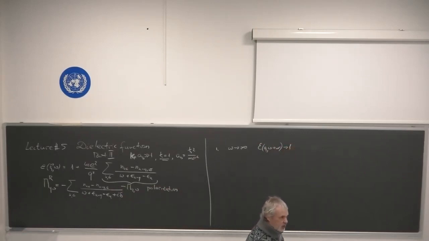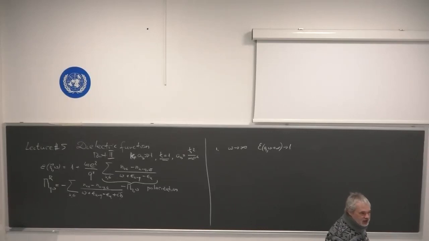What does it mean? High frequency means small times, because in quantum mechanics, for example, you have the uncertainty relation delta t delta E, which is always greater than or equal to h bar. When you take a Fourier transform, you multiply by the exponent e to the power i omega t, so characteristic times are of the order of 1 over omega.